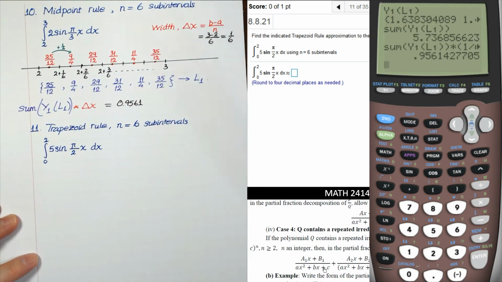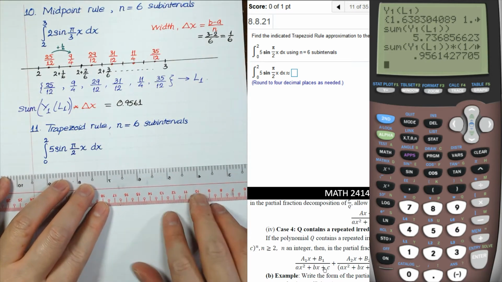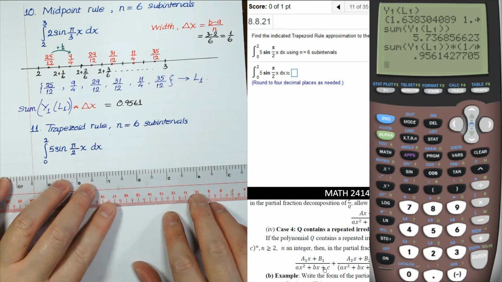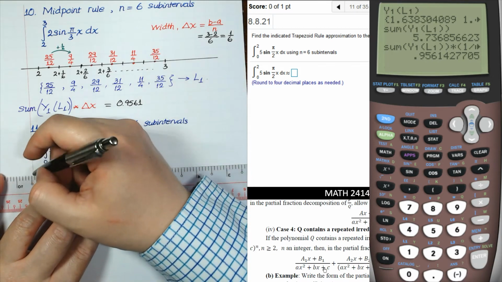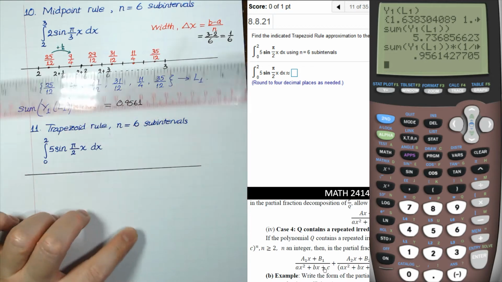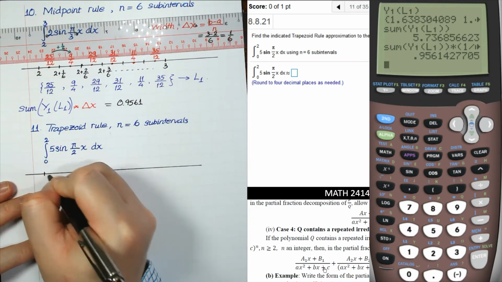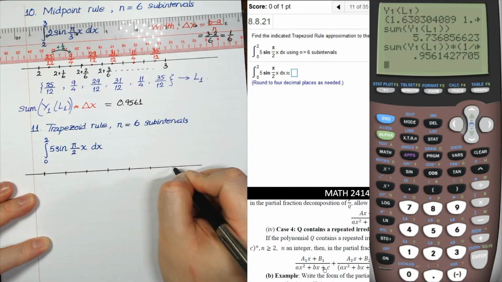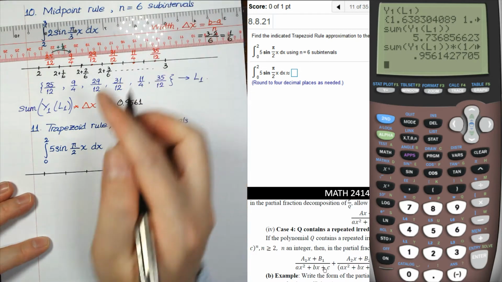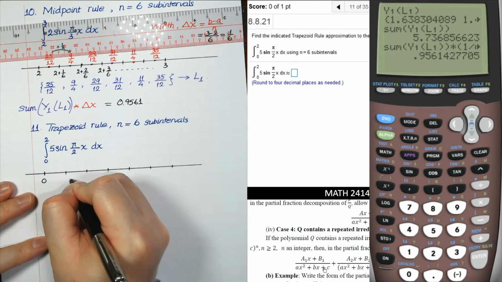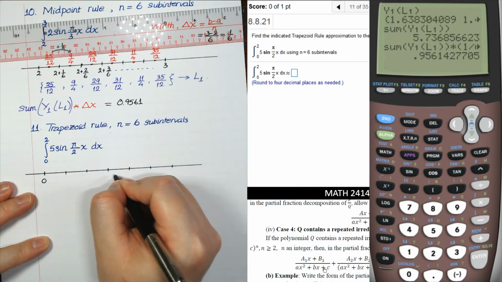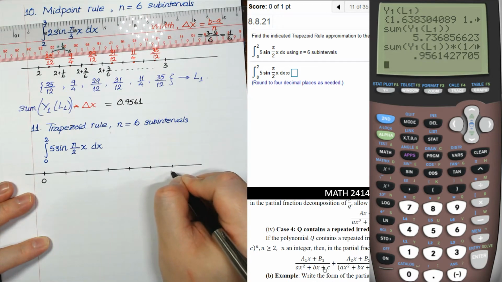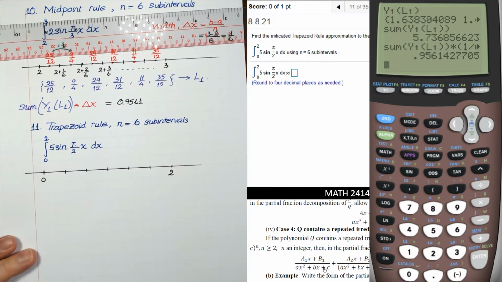So once again, there are 6 subintervals: 0, 1, 2, 3, 4, 5, 6. From 0 to 2.